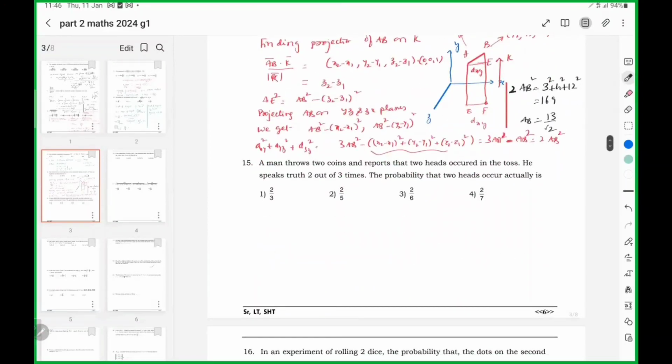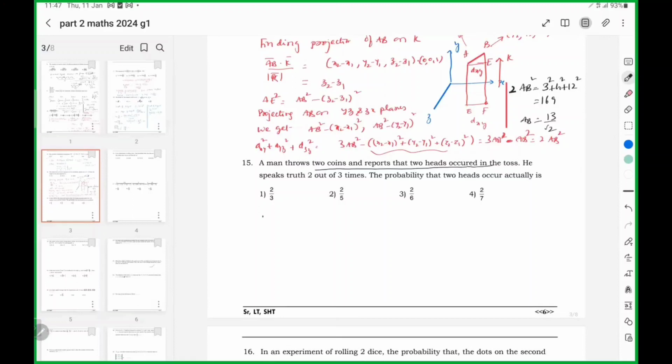Here, a man throws two coins and reports that two heads occurred in the toss. He speaks truth throughout. The probability that two heads occur naturally. Right.